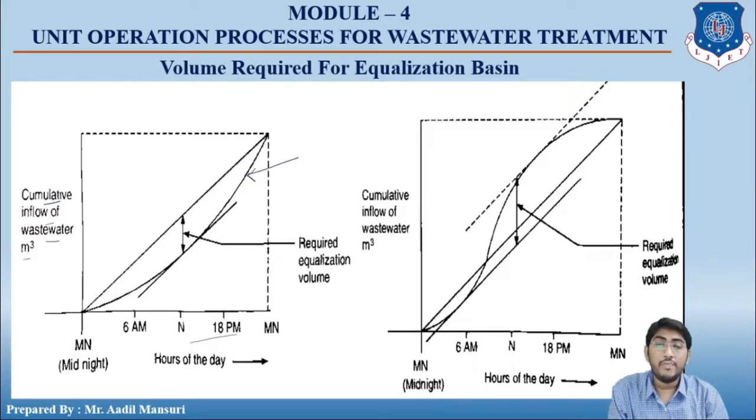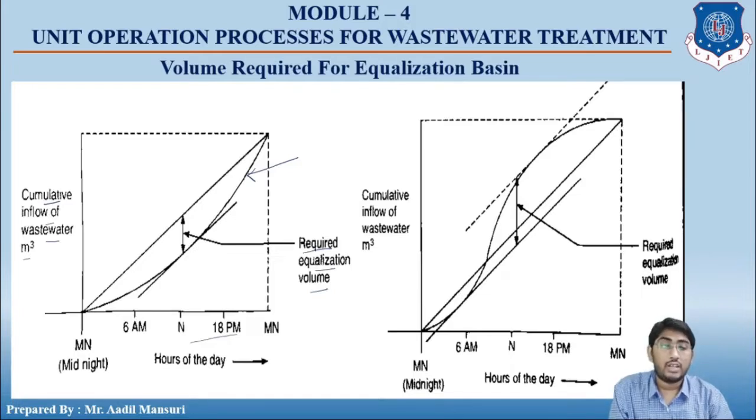When you join the first point and the last point, you get a straight line. On the curve, at the point of maximum curvature, you need to draw a tangent. After drawing the tangent, the distance between the tangent and this line will give you the required equalization volume.